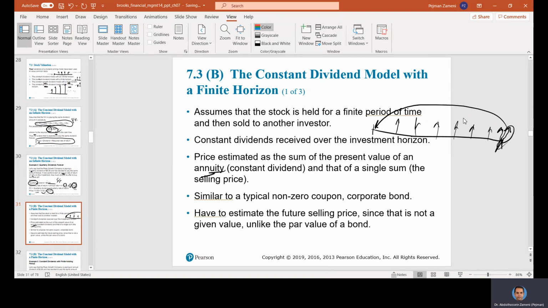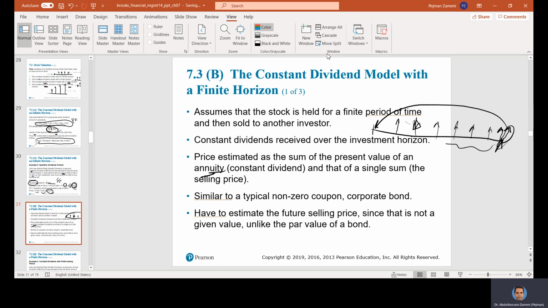The constant dividend model with a finite horizon. The second scenario, okay? The timeline looks like this. And of course, there are two parts in it. Assume that the stock is held for a finite period of time and then sold to another investor.